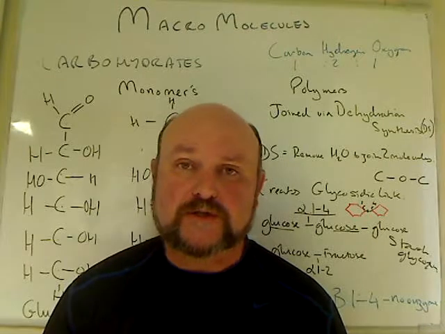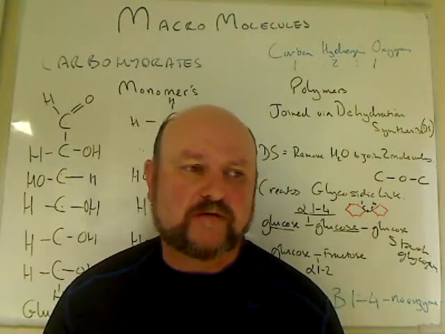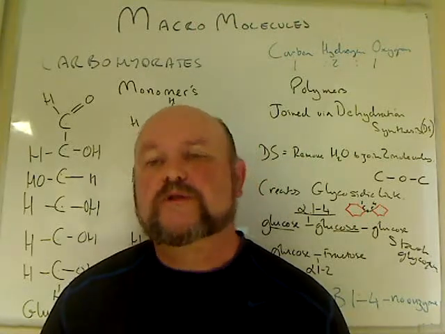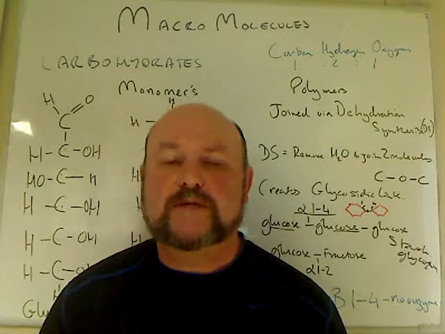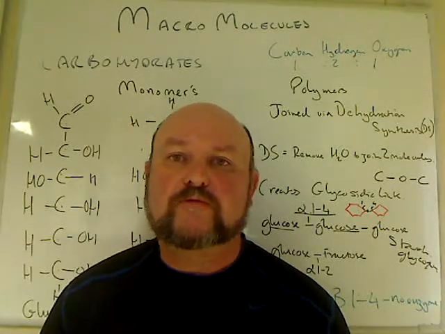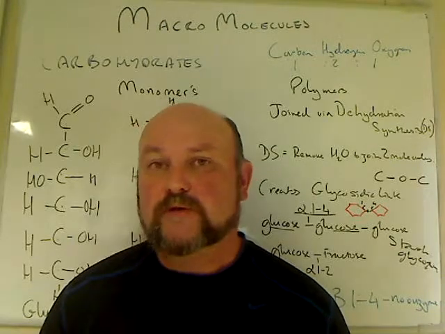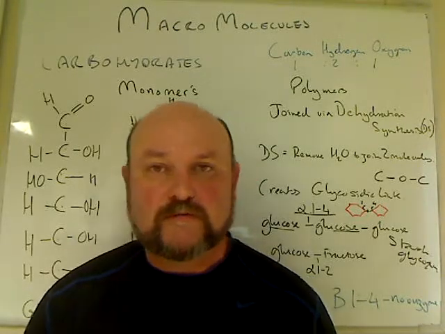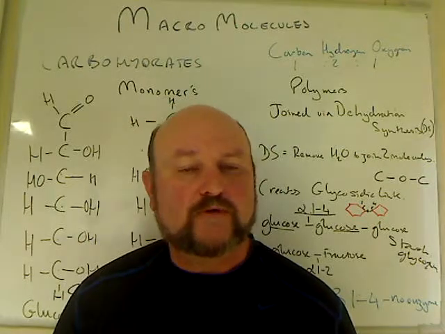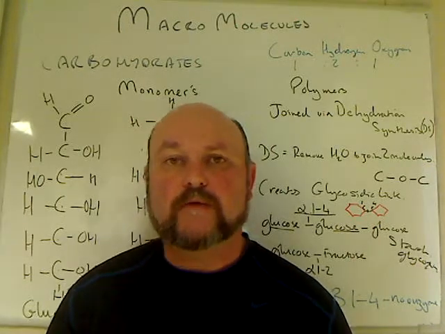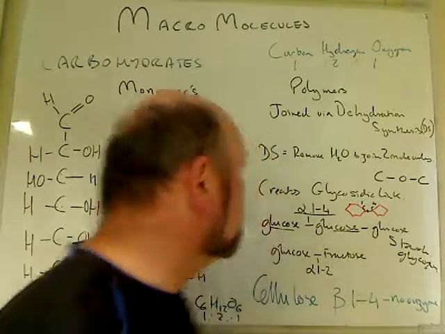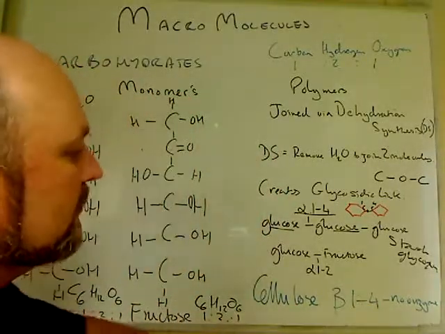There's a lot of research going on just now to truly understand the consequences of that difference, because we do now consume a lot more fructose than we ever used to, and that potentially has health consequences for us. But we'll talk about that later on in the course, and by all means ask any questions that you have about that.